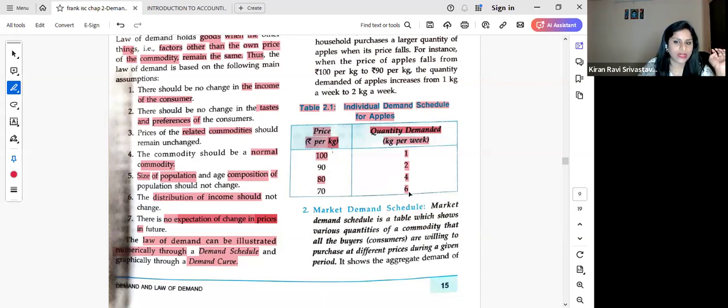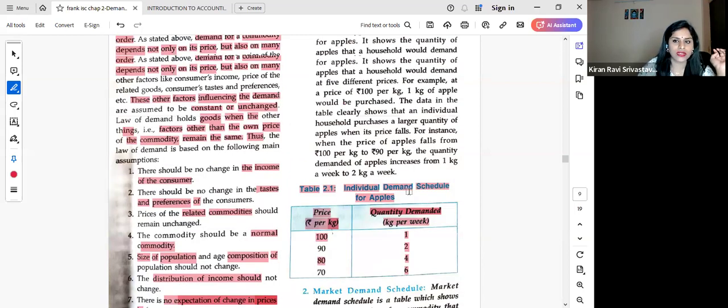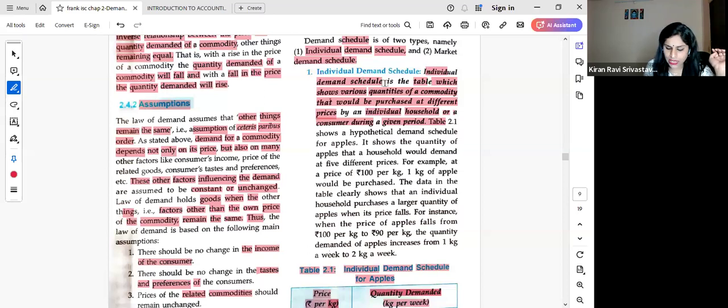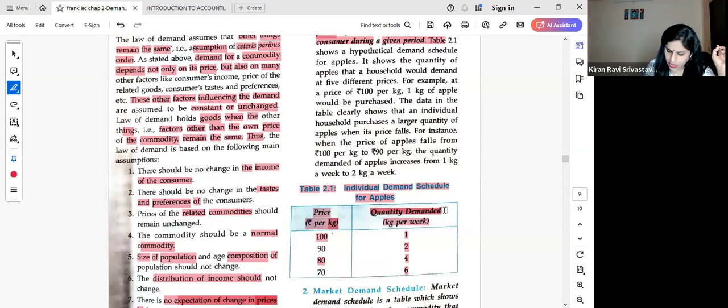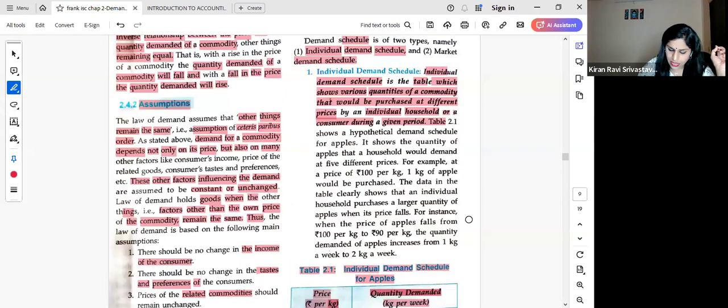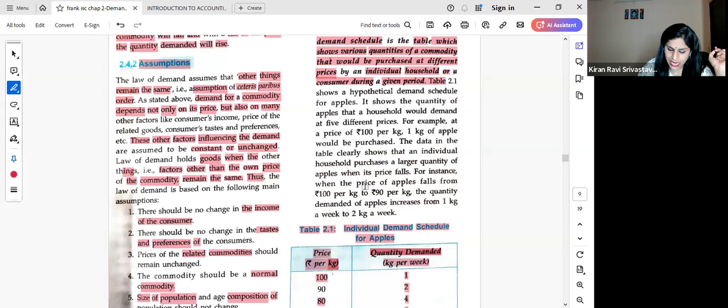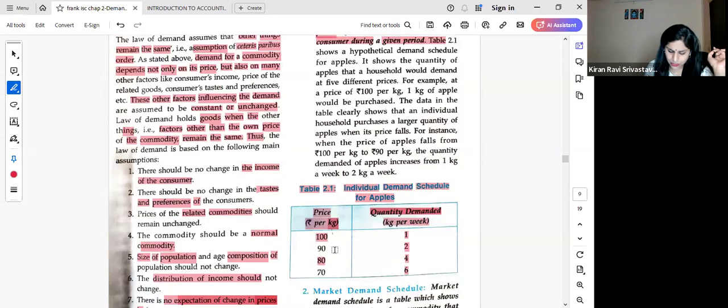Clear? Once again, we will read the definition. Individual demand schedule is a table which shows various quantities of a commodity which would be purchased at different prices by a household or an individual.